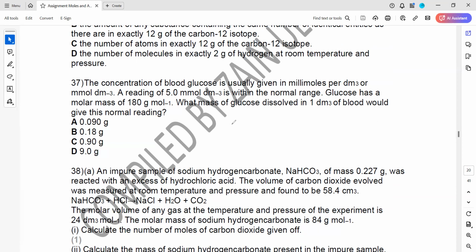So here the concentration is given in millimole per decimeter cube, which is 5.